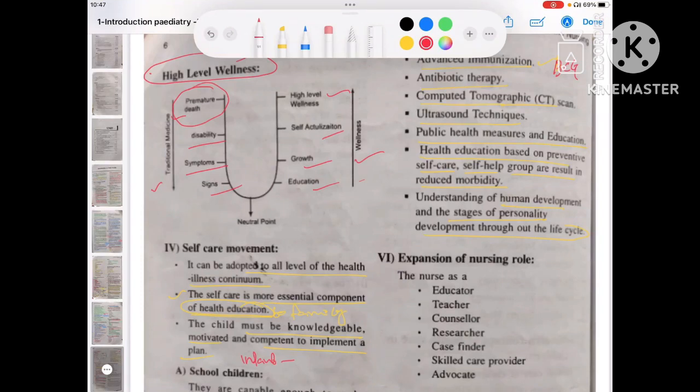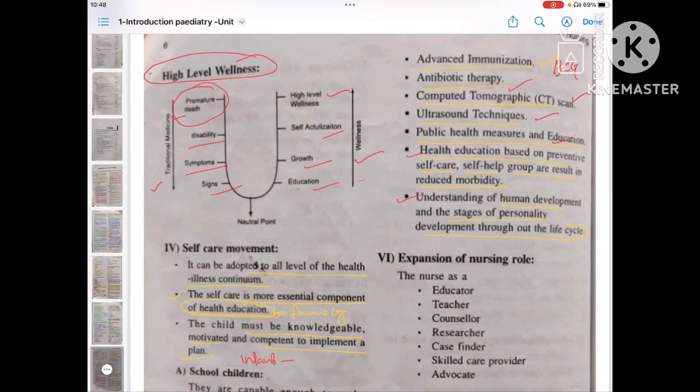Deltoid means the left arm. So the BCG vaccine will be given within the 9th day, and antibiotic therapy will be there. These are the advanced methods: CT scan, computerized tomography, ultrasound, public health and education, health education based upon self-care, understanding human development and stages of personality development throughout the life cycle.